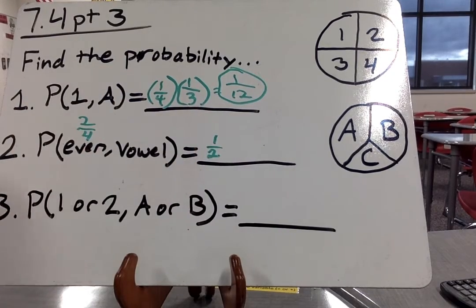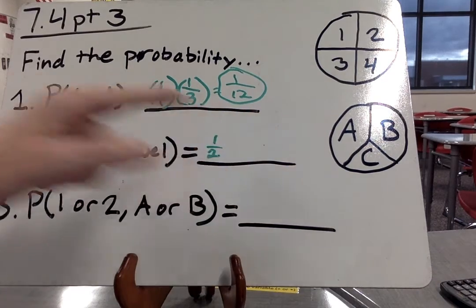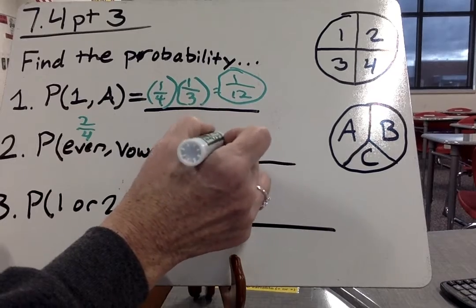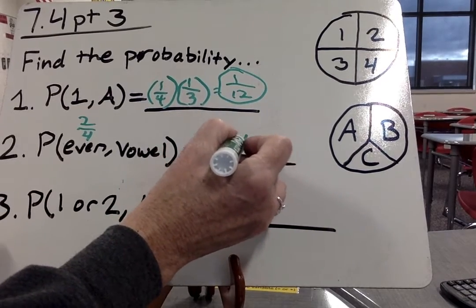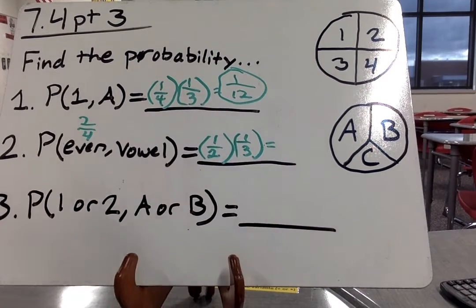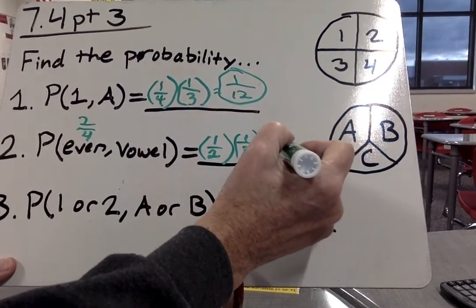Now the probability of getting a vowel: A, B, C, A is your only vowel, so it's the same probability as A. So we have a 1/2 chance for even and a 1/3 chance for a vowel. When we multiply those together, 1/2 times 1/3, we get 1/6.